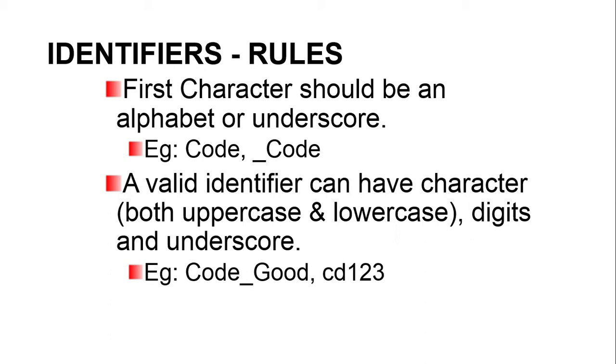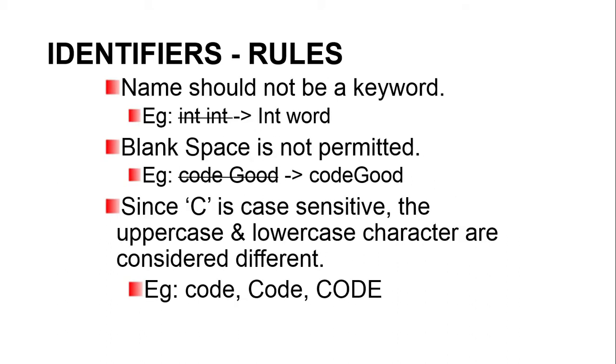These are examples of valid identifiers. And the name should not be a keyword. You shouldn't write a keyword as an identifier. Int is a keyword, so int or float should not be identifiers.